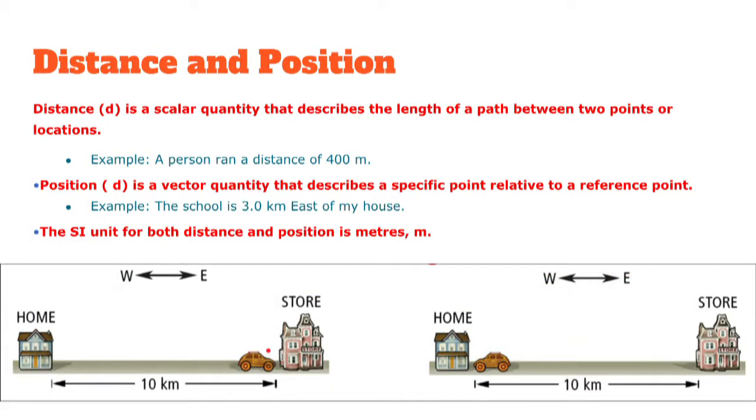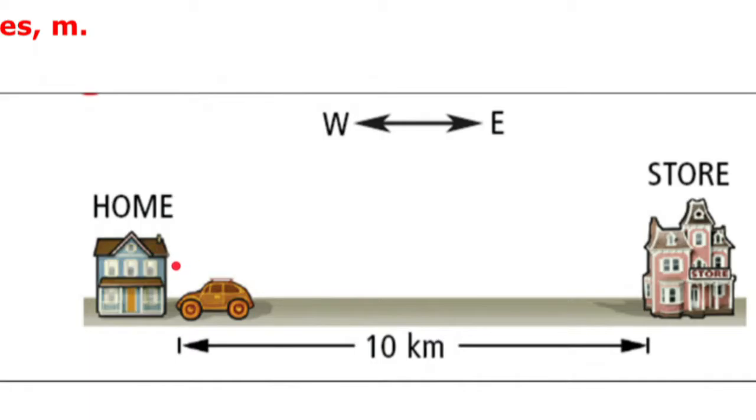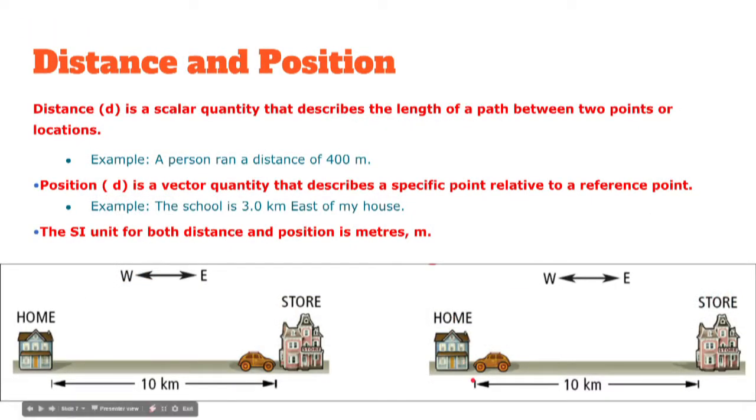Now the second picture, we've gone from our home, we drove to the store, and now we went back home again. So what distance have we traveled? Well, we went the initial 10 kilometers to get from home to the store, and then we went back 10 kilometers. So we've gone 20 kilometers. But what's our position? Our position is where we started.